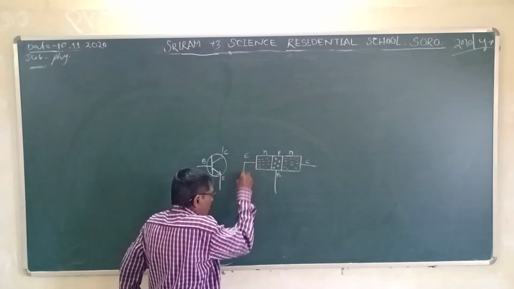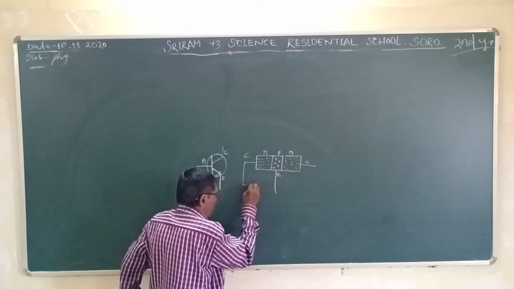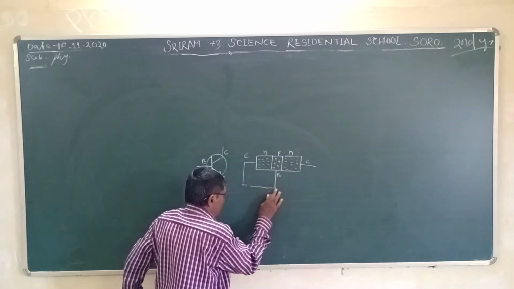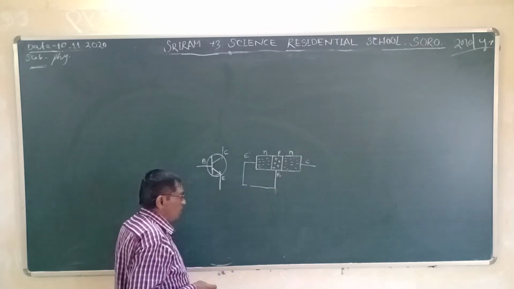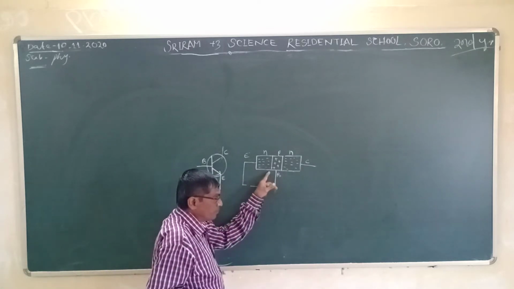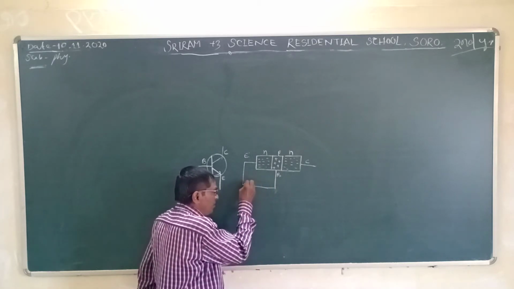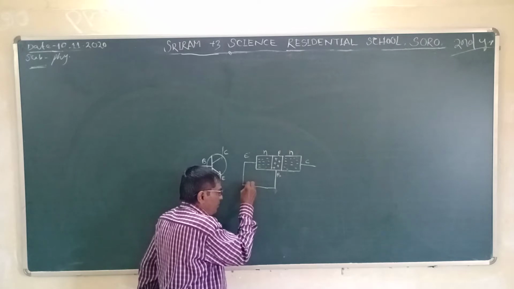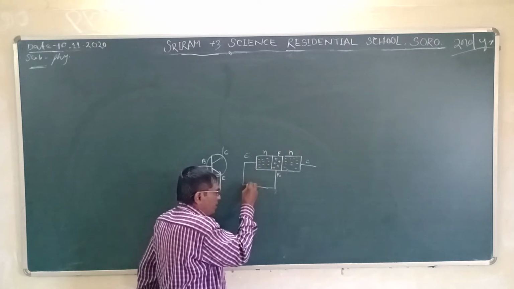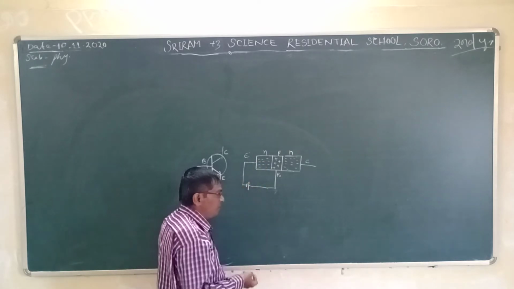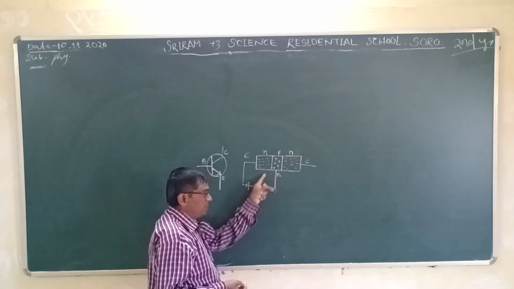When we connect an extra source, in this junction we apply the voltage in the forward case: the n material is connected to the negative of the battery. This is forward biased.